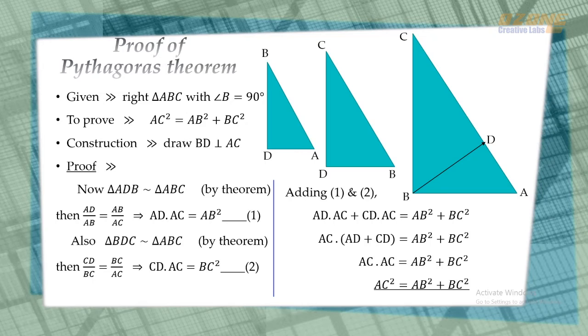Take AC common, then AC into AD plus CD. AD plus CD is nothing but AC. So we can write it as AC into AC will be equal to AB square plus BC square, where AC into AC is nothing but AC square. So from this we can say AC square is equal to AB square plus BC square. Hence we proved the theorem.